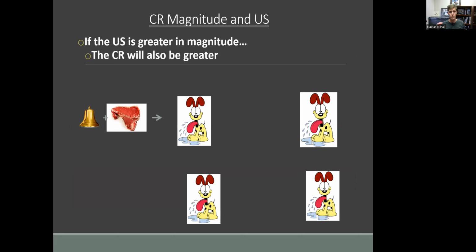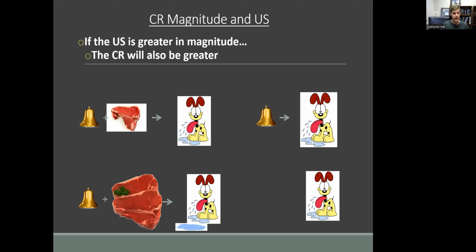and then it stays at that particular level. If you want to increase that asymptotic level or increase the magnitude of your conditioned response, the way to do this is through increases of your unconditioned stimulus. So here we have a dog that is salivating, and we can present or pair or associate a bell with some type of unconditioned stimulus of, say, one steak, and we get a certain level of responding to the bell there.